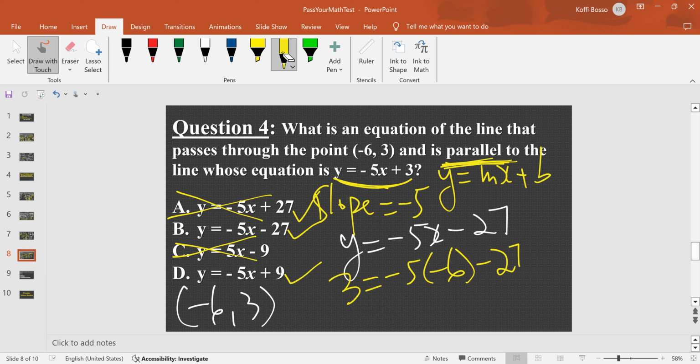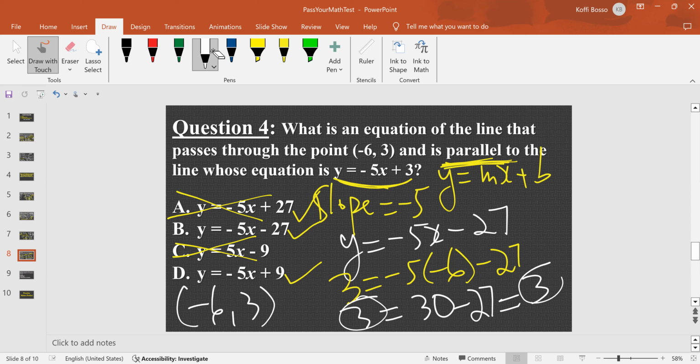I want to see if this is true. Negative 5 multiplied by negative 6 is positive 30, and we do minus 27. Can we say that 3 is the same as 30 minus 27? Yes, because 30 minus 27 is 3, and 3 equals 3. Therefore, the correct choice here is B for question number 4.